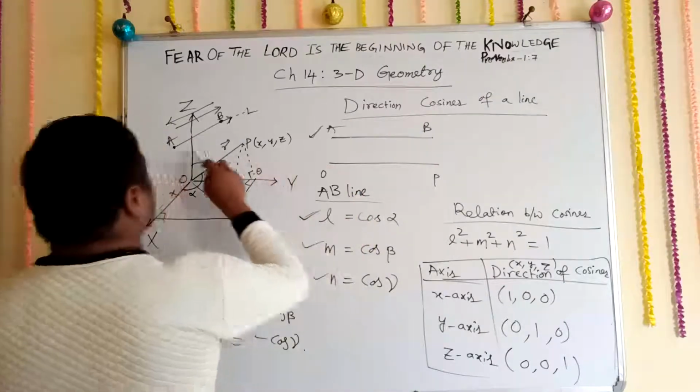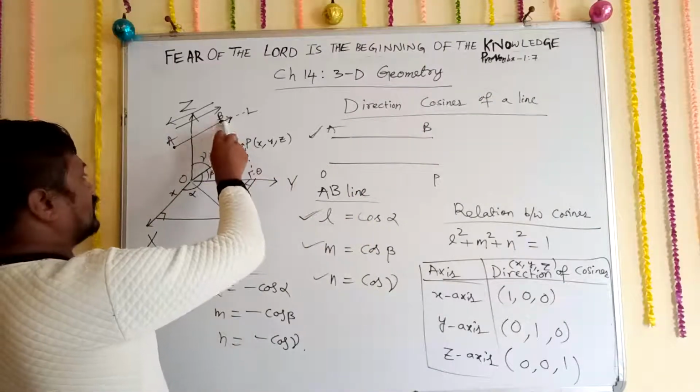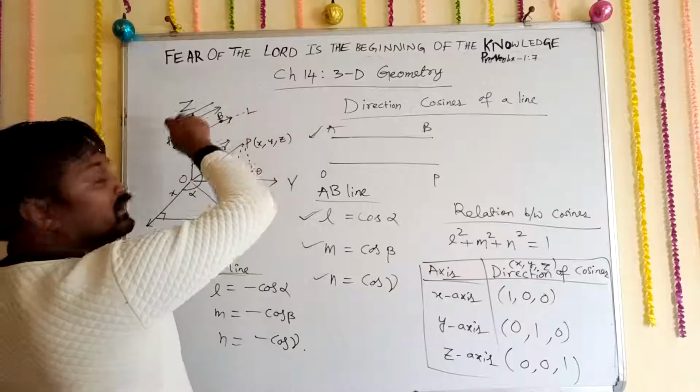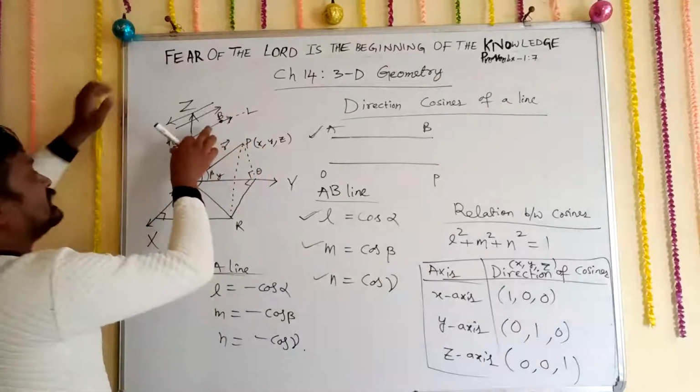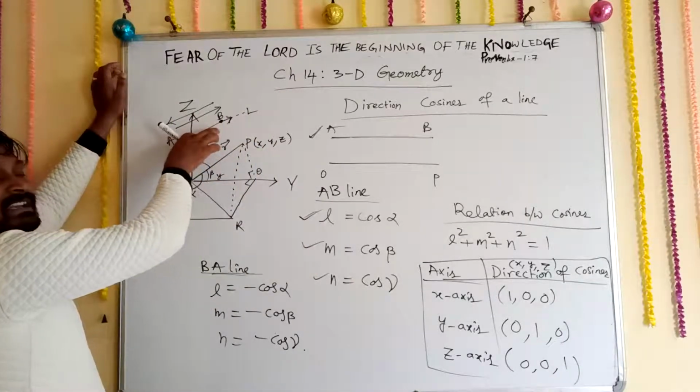There is one line AB which you draw in three-dimensional space. I need to find the direction of this line.